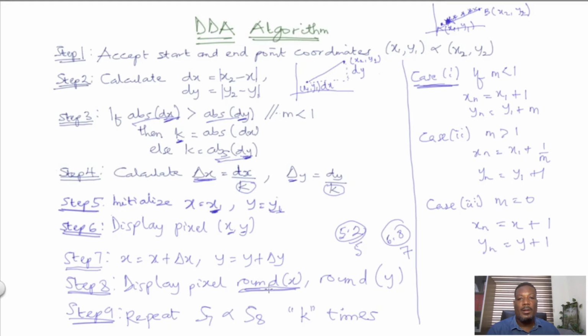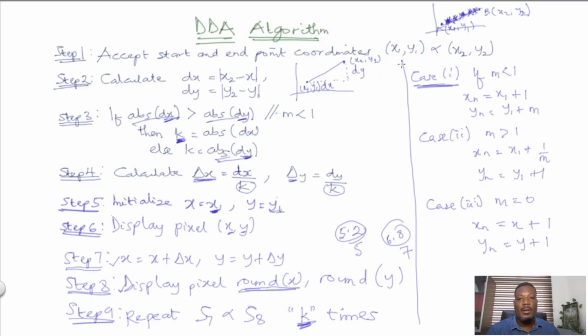So what we will be doing is to repeat step 7 and step 8 k number of times, and mind you, k is the value we got over here. So we'll repeat step 7 and 8 k times to be able to complete all the floating points that are needed on the line, or that are needed to be able to generate the straight line using the DDA algorithm.